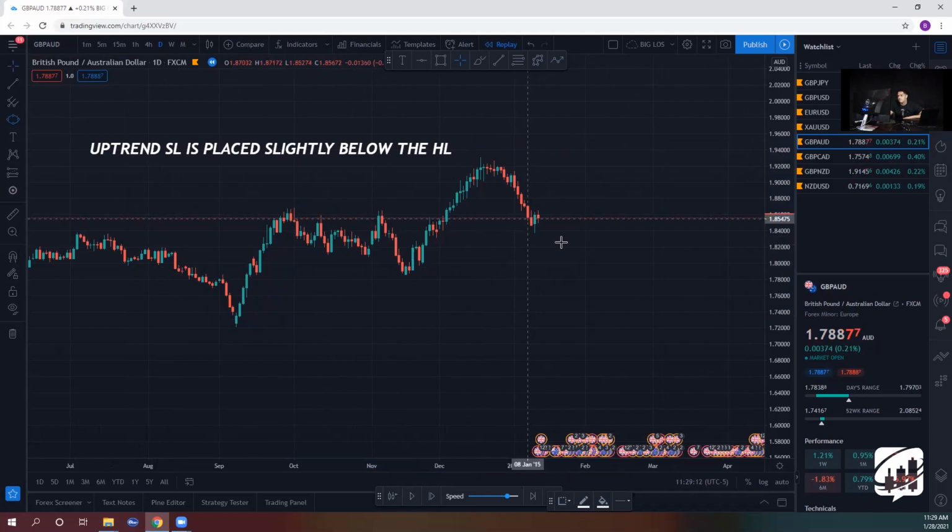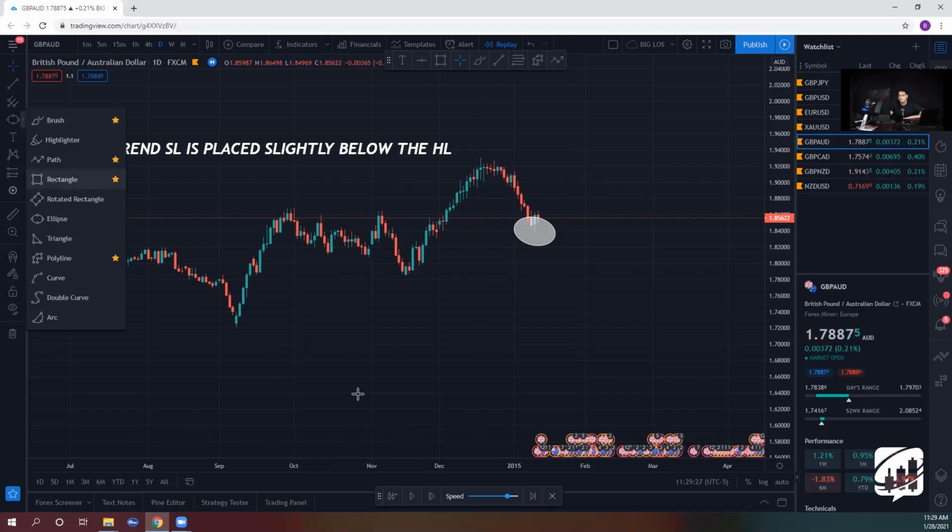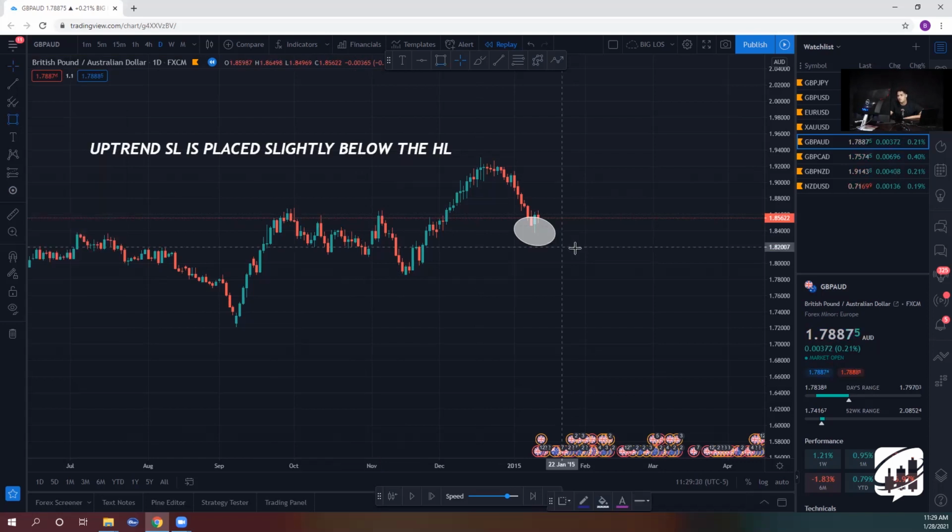Okay, so right here is where we entered, right at the retest of the previous higher high. Our stop loss, I'm going to use a rectangle for this one. According to our rules, on an uptrend, it is placed slightly below the previous high or low.